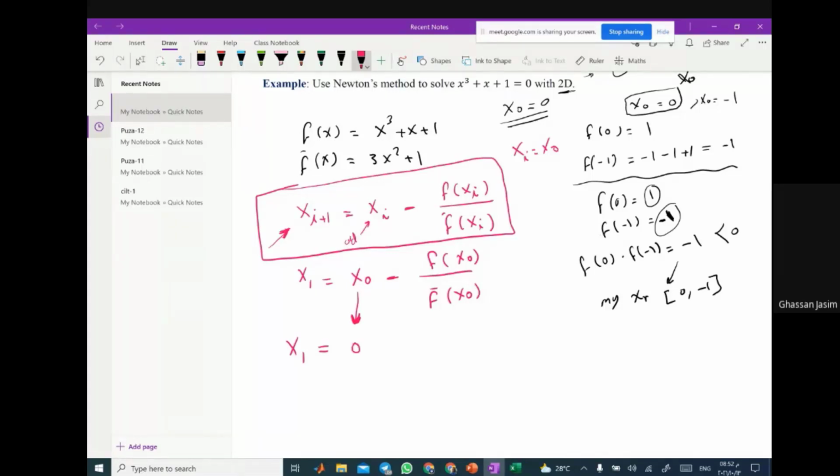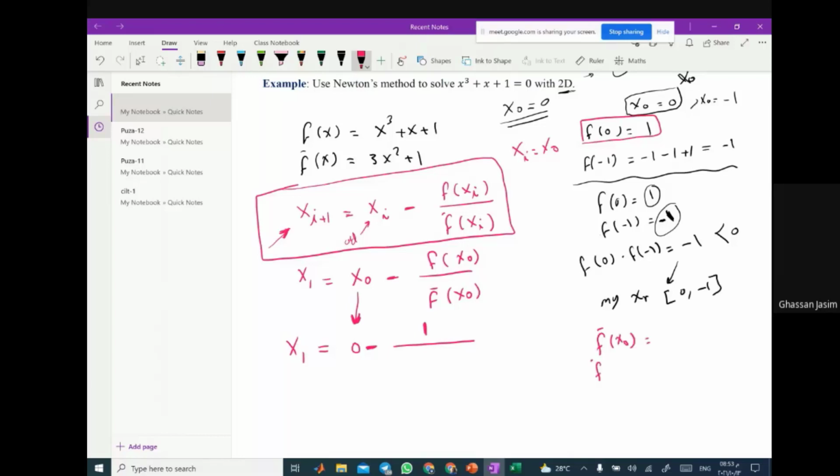Now x1 equals x naught, which is 0, minus f of x naught, which is 1. Now let's find f dash of x naught.